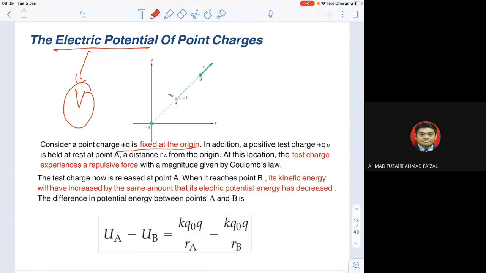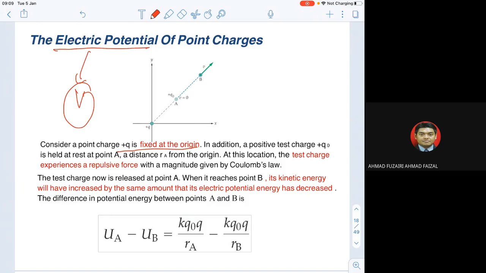In addition, a positive test charge Q naught is held at rest at point A, a distance RA from the origin. You already have positive Q, and you add another positive test charge, delta Q naught, at the distance RA from the origin.